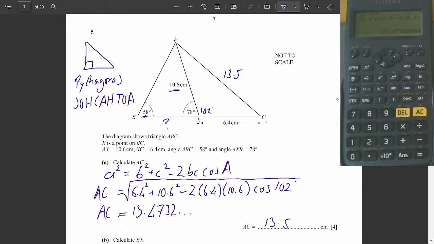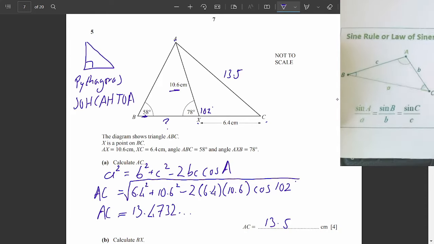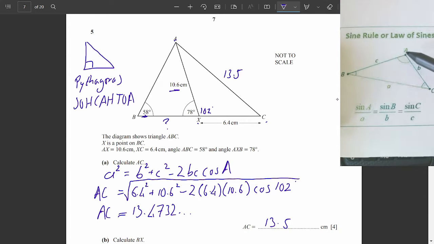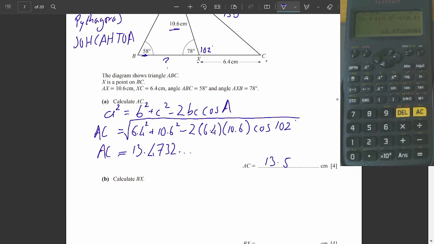The moment you see that, opposites, you need to think about this sine rule. Sine rule's got all to do with opposites, right? If you got angle A, opposite side, and you want to work out another side, and you got the angle there, or you want to know the angle, got the side, that's what we're looking for, opposites. So in this case, we're going to use the sine rule. Now there are two versions of the sine rule.